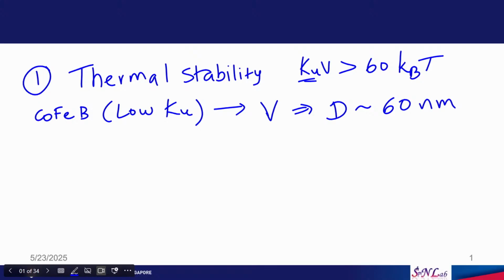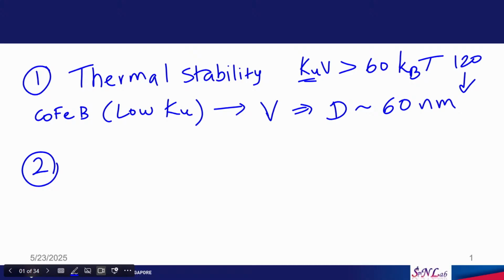That means, if you make an MRAM smaller than 60 nanometer in diameter, it will start fluctuating, magnetization will start fluctuating. So, this is the limit. So, we can go down from say 120 nanometer all the way to 60 nanometer, but we cannot go below this. If you go below 60 nanometer, you will lose the data, you cannot store the information for 10 years. So, that is one problem that we learnt.